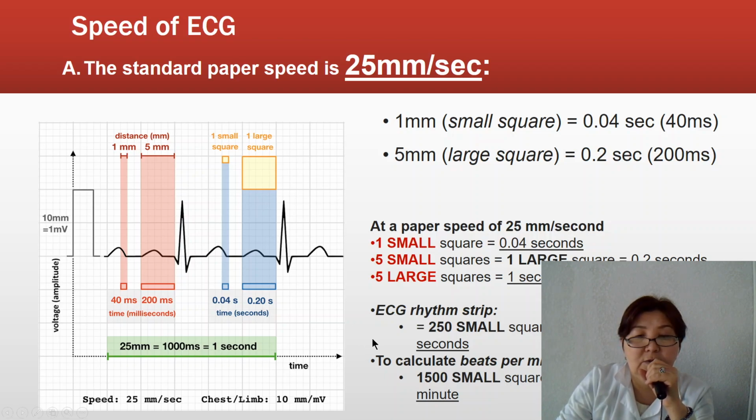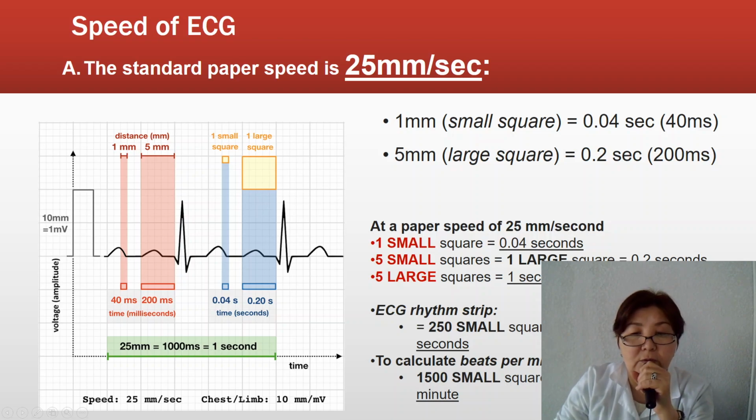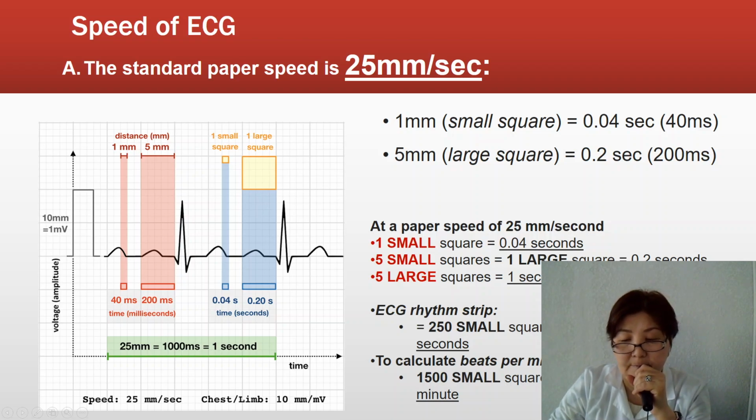An ECG rhythm strip equals 250 small squares or 50 large squares or 10 seconds. To calculate beats per minute, 1,500 small squares are equal to 300 large squares and 1 minute.